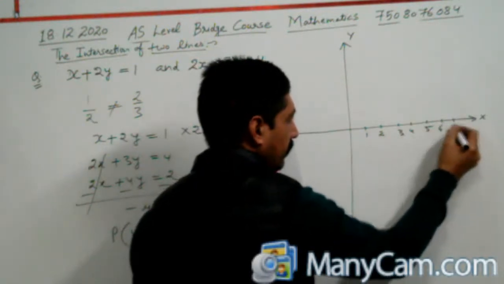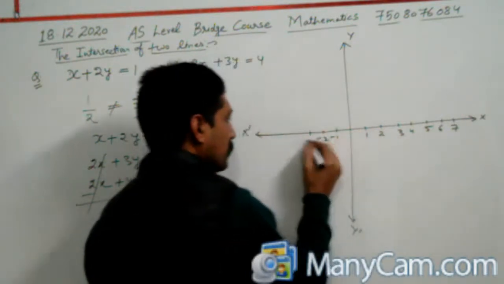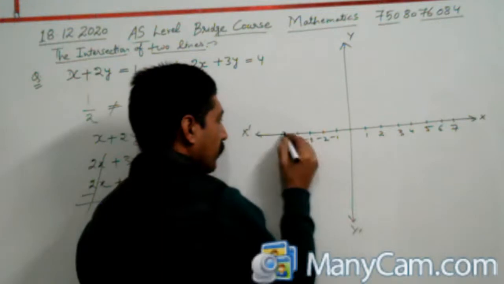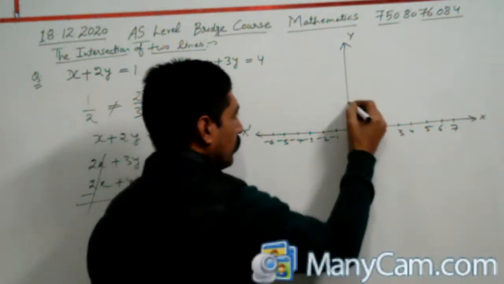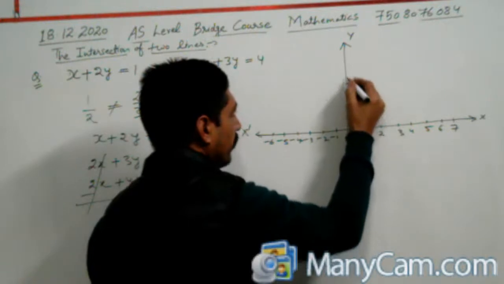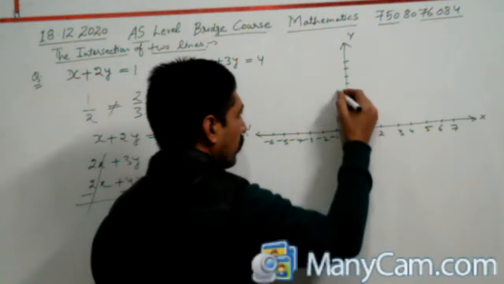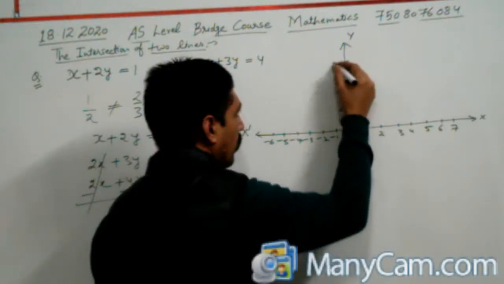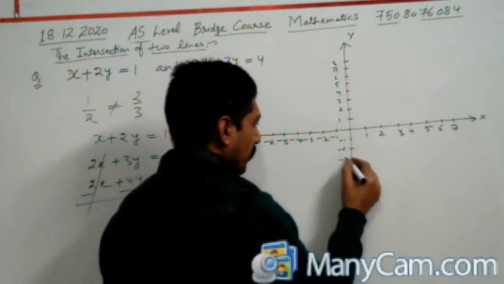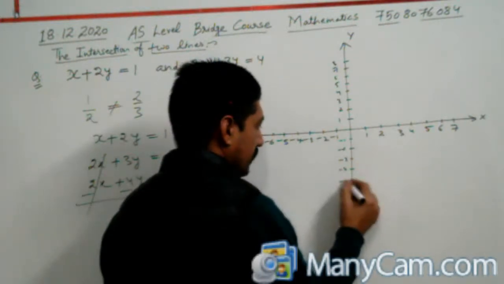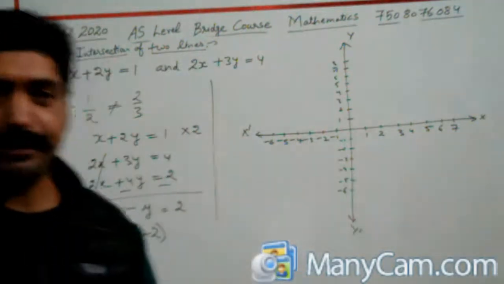We can name them minus 1, minus 2, minus 3, minus 4, minus 5, and so on. And here 1, 2, 3, 4, 5, 6, 7, 8, and so on. Similarly, minus 1 to minus 6. So this is the xy plane.